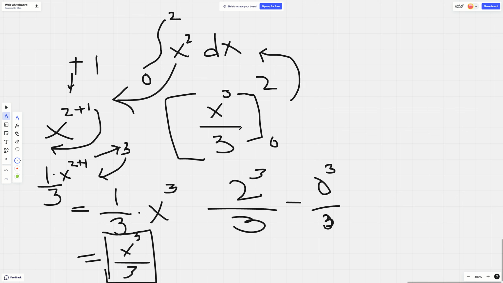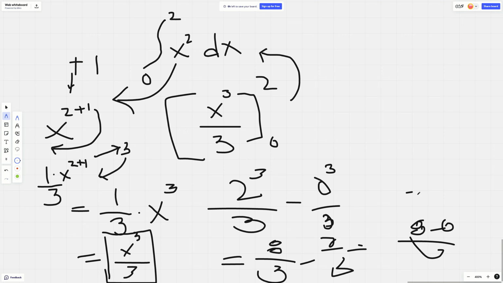It's rather f of b minus f of a, because of course b is a larger value. That's actually the second or rightmost endpoint of our integral that we're actually trying to find the area under the curve for. Okay, so 2 cubed over 3 is simply equal to 8 over 3. 0 cubed over 3 is simply equal to 0 over 3.